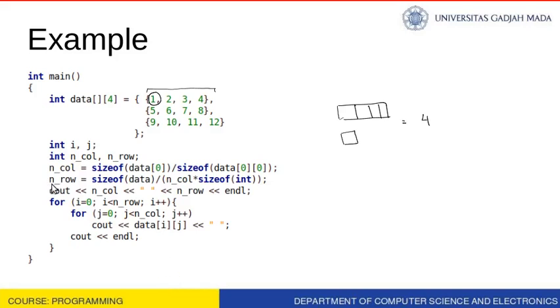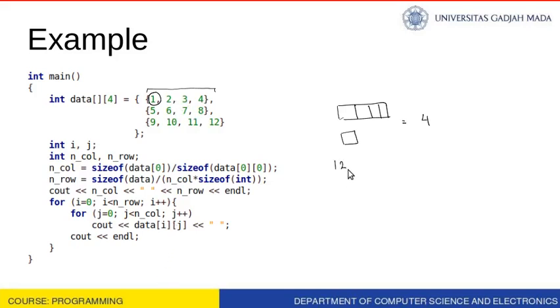And then what is the number of, or the size of the row? You can get it by taking the whole size of this array. So the whole size of the array is 1, 2, 3, 4 multiplied by 3, so it is 12 integers, right?